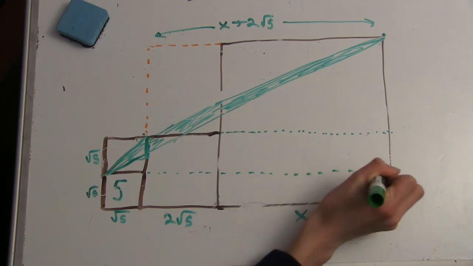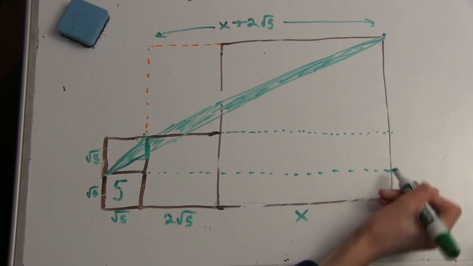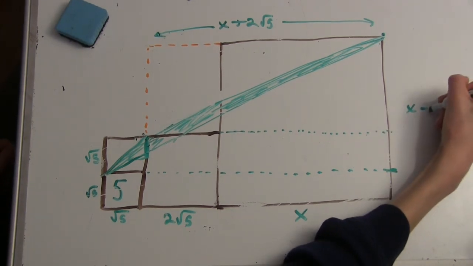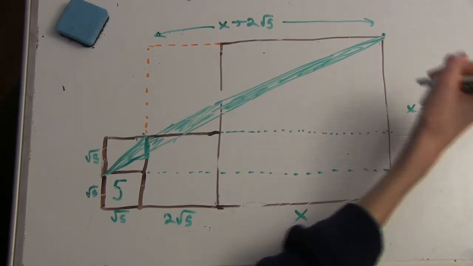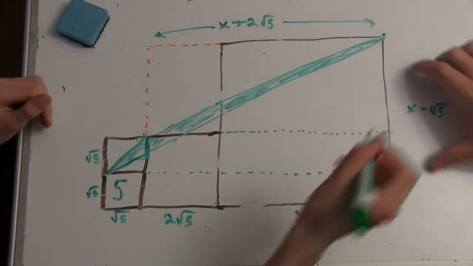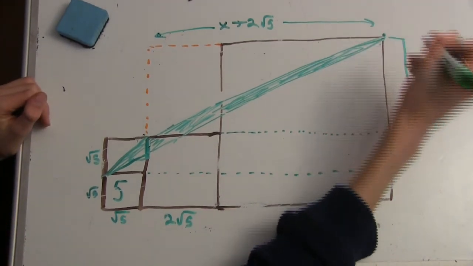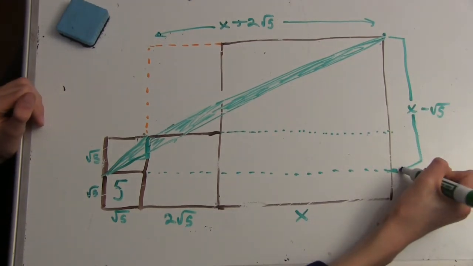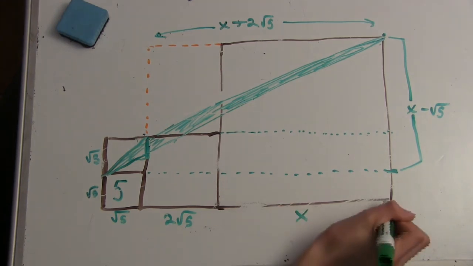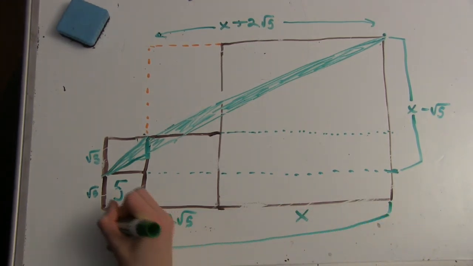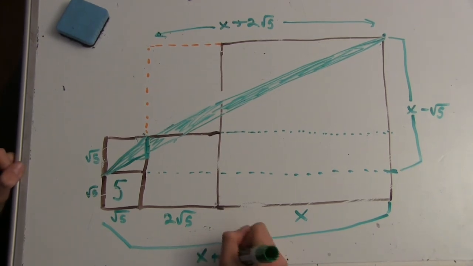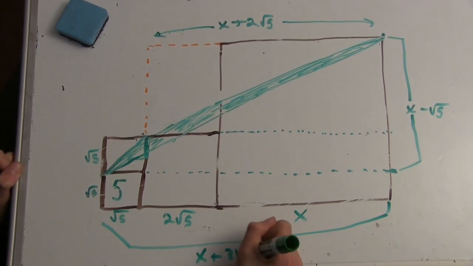Been down here. Okay, that's fine. So this length was x minus square root of 5. Just to be clear, draw that length in on the edge here. Which length is x minus root 5? Root 5. Minus root 5, okay. Great. And then this whole length here is x plus 3 root 5.